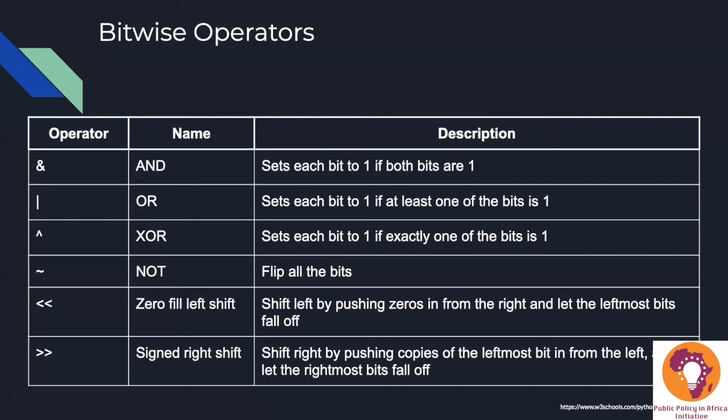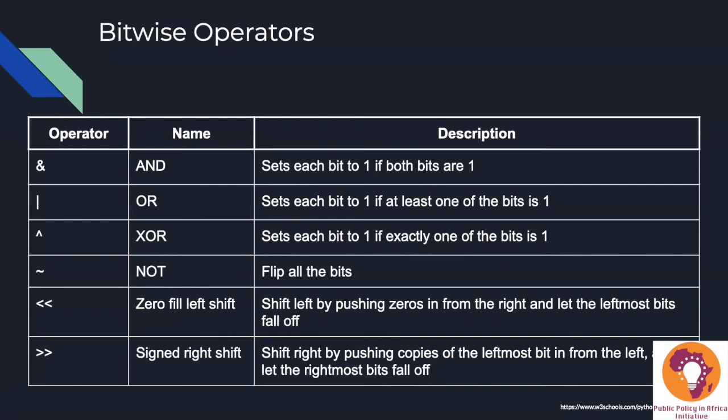You'll just lose whatever was on the left or right, depending on whether you're using the signed right shift or the zero fill left shift. Don't worry too much about bitwise operators. Just know they exist, and if you ever encounter them, do some research. That's the easiest way to learn about these, because they're very rare, and I don't want to spend too much time on them because there are more important and valuable things to learn at this time in your programming journey.